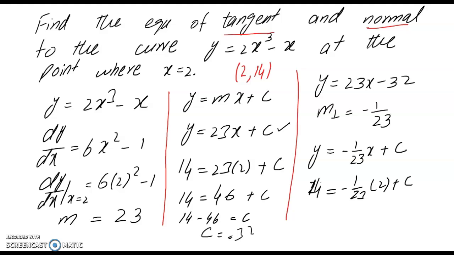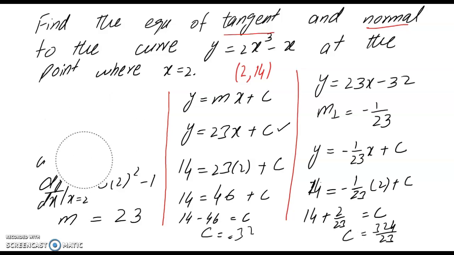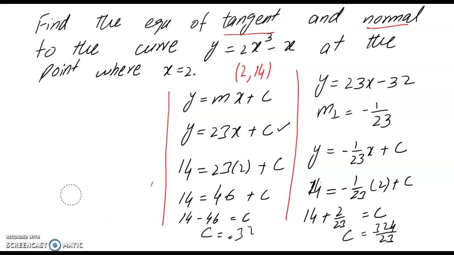Now if we simplify this, this will become 14 plus 2 over 23 is equal to c. So c is equal to 324 over 23. Now we can write the final equation of the normal. It will become y is equal to negative 1 over 23 x plus 324 over 23.